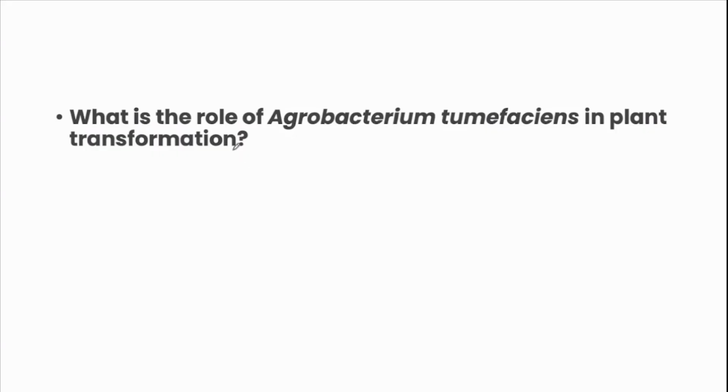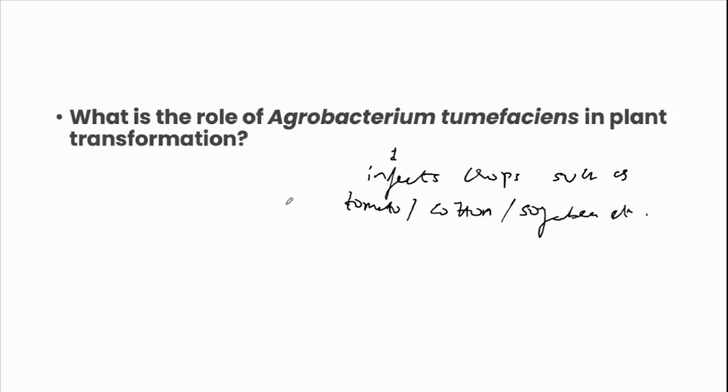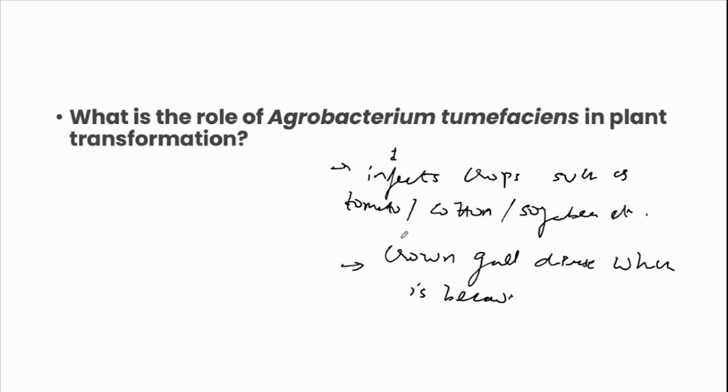And it infects many plants, crops such as tomato, cotton, soya bean, etc. And what does it cause? We already know it causes crown gall disease, which is because of the Ti plasmid carrying the T-DNA. So this is what they wanted to know: the role of agrobacterium in plant transformation. So this is how they do it.